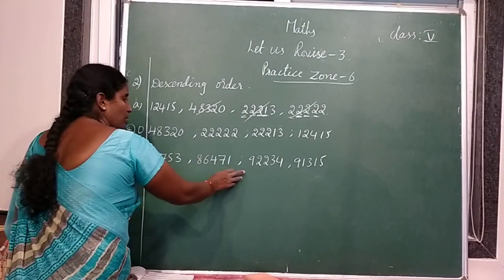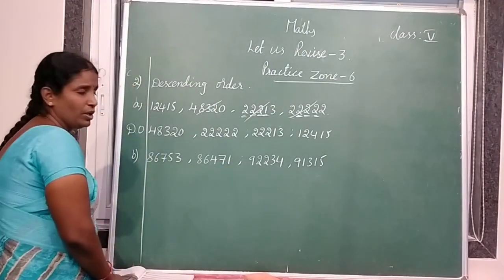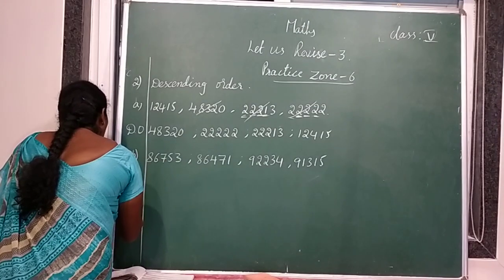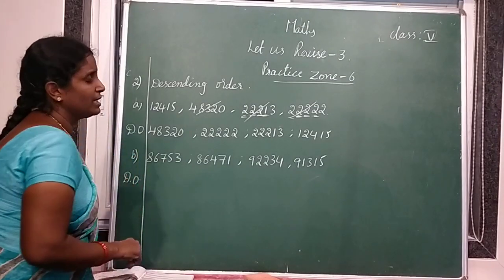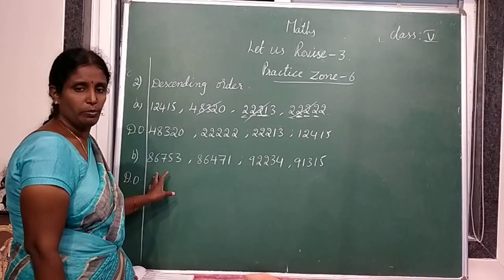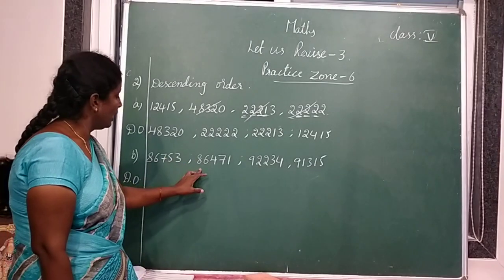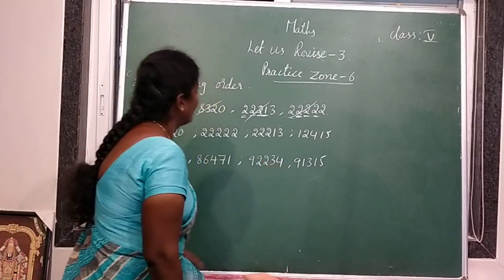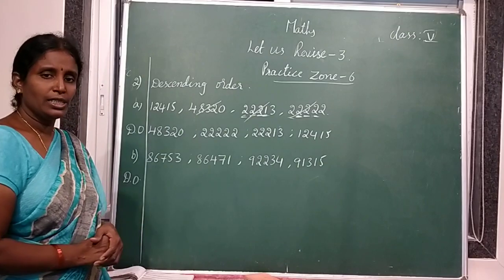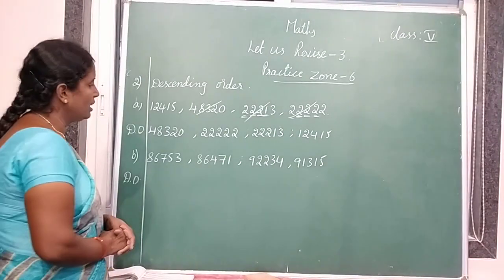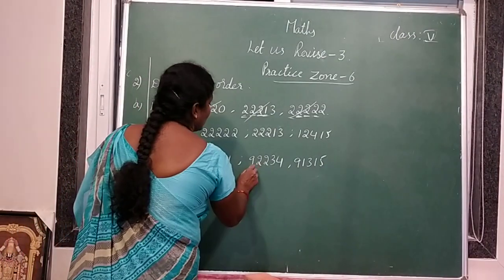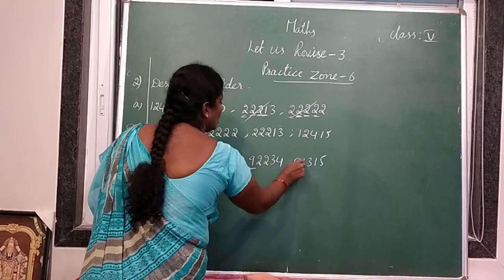If all the numbers are 5-digit numbers, then we have to compare the digits from the 10,000s place. So 8, 8, 9, 9. In 8 and 9, which is greater? 9 is greater. So this is 9 and this is also 9.